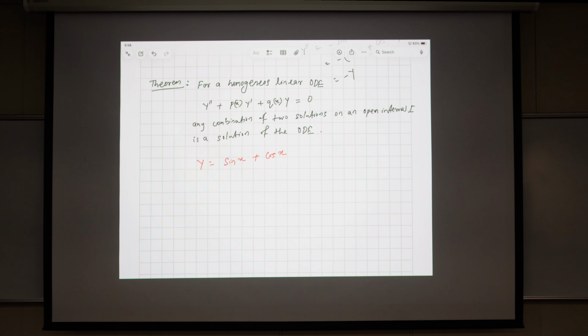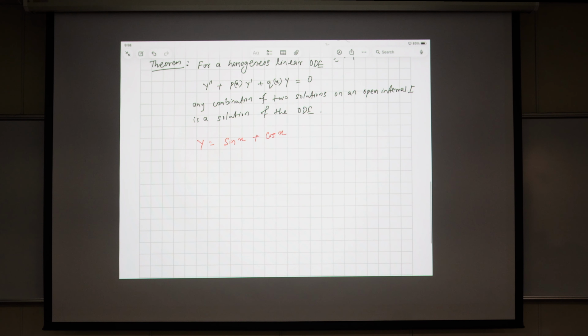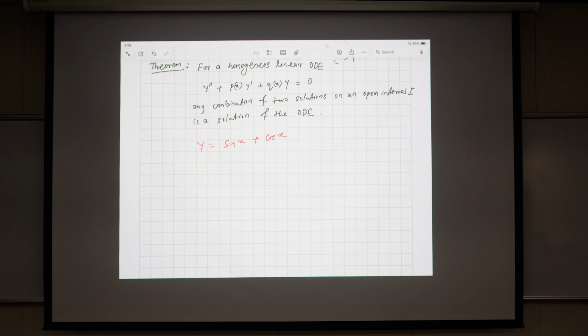Suppose I put some random constants, let's say y is equal to 4.7 sin x minus 2 cosine x.